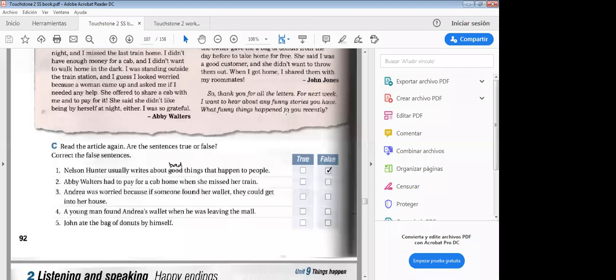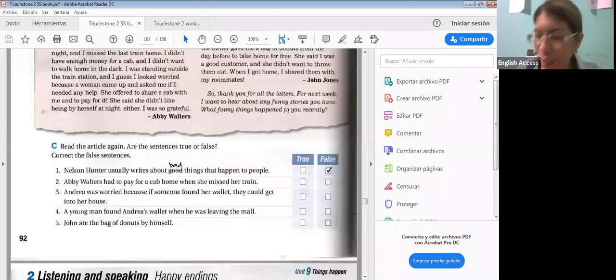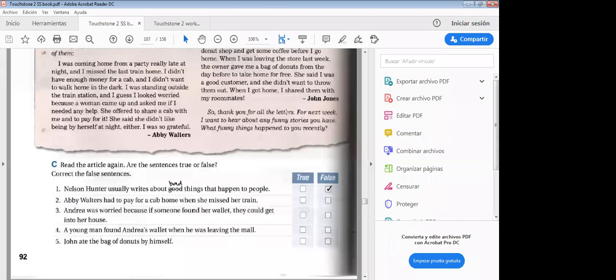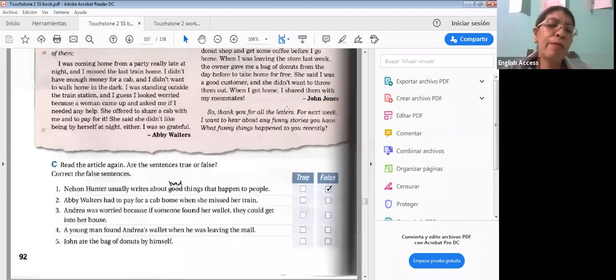John ate the bag of donuts by himself. False. The owner gave him donuts. But pay attention to the information. John ate the bag of donuts by himself. So you said one is false. Yes, it's false. What's the correct information?